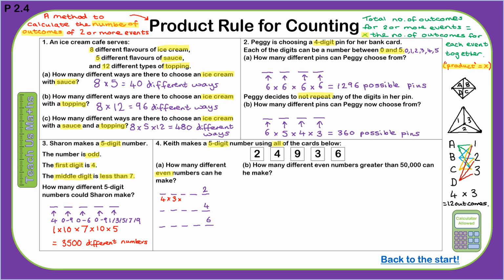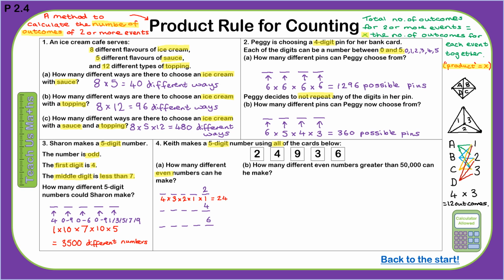The fourth digit, there will just be 1 option left. And of course, we've got this 1 option tied to having that 2 at the end. So to make a 5-digit number with a 2 at the end, there are 4 times 3 times 2 times 1 times 1, 24 different ways that Keith can do that.